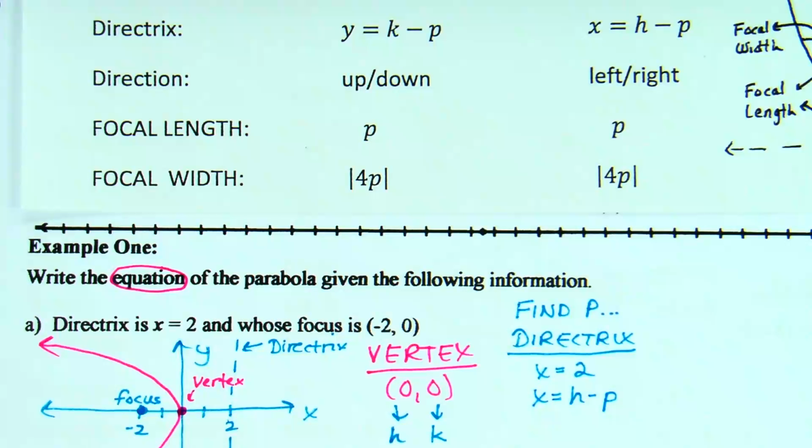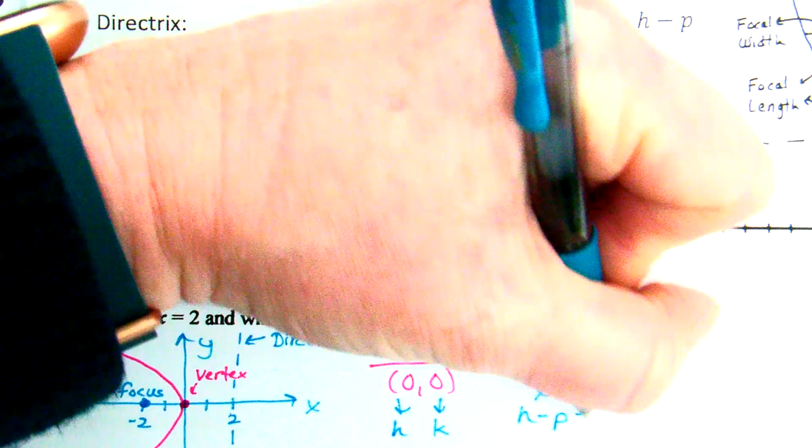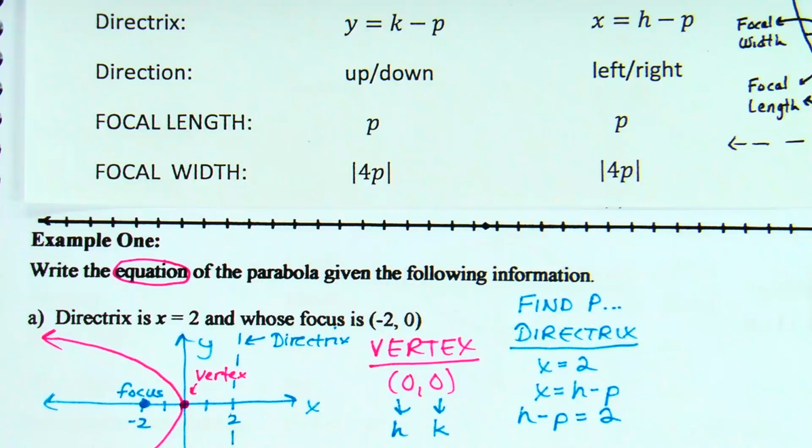Think about it. If the directrix is x equals 2, and the directrix is x equals h minus p, then that means h minus p has to equal 2. Can you agree with that? If x equals 2 and x equals h minus p, then they equal each other. And what do we already know about h? It's 0 because it's part of the vertex.